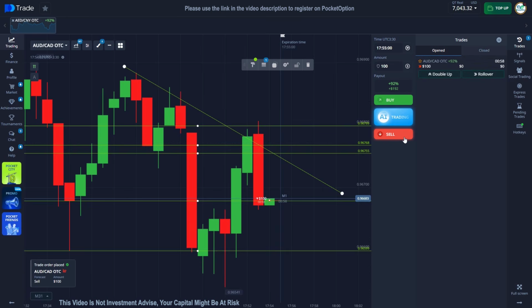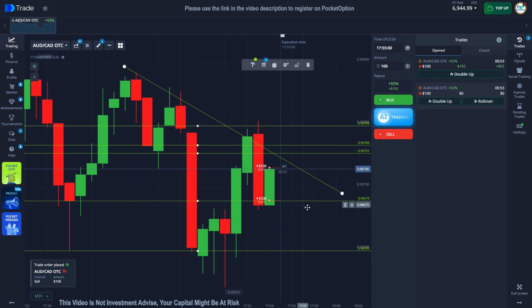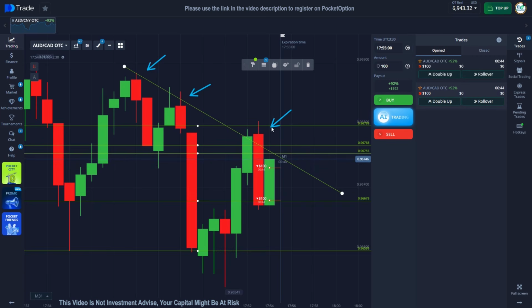Okay, I entered the lower trade. I'm also placing a trade higher than the previous entry point. Look, once, twice, and the third time the previous behavior is repeated.